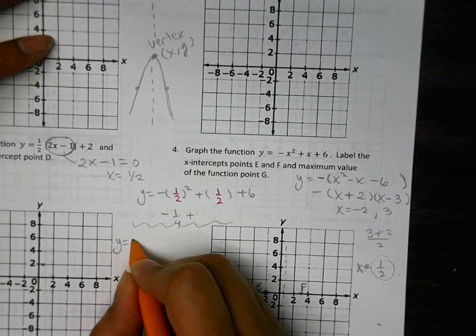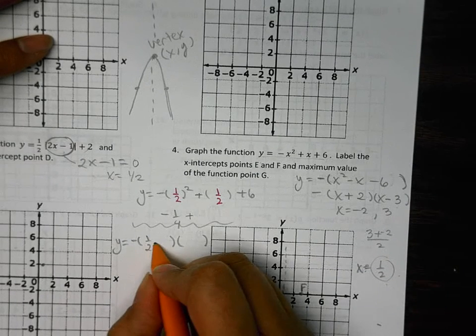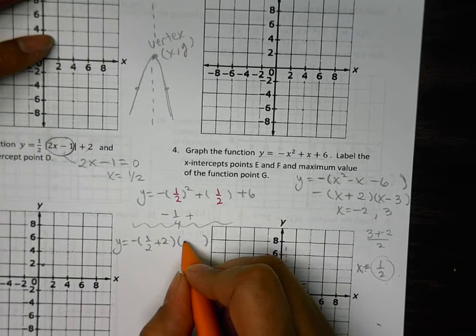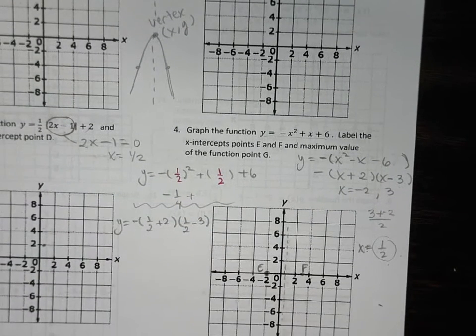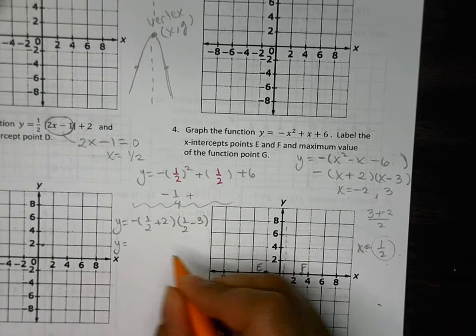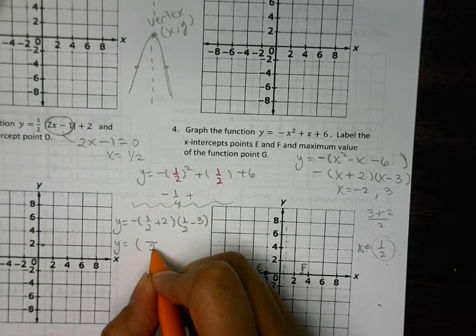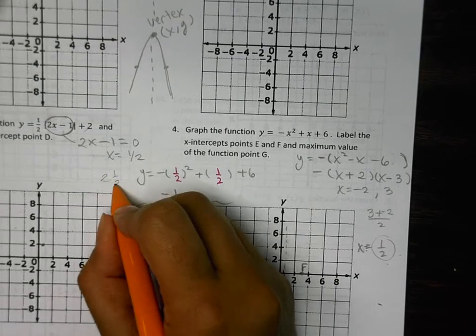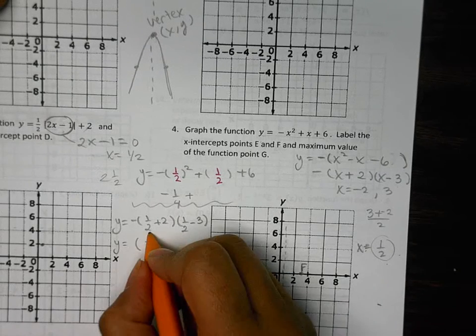Y equals negative parentheses, parentheses, and then 1/2 plus 2 and 1/2 minus 3. What's 1/2 plus 2? 2.5. Can we change that, because we're going to have to multiply later? 2.5 is what when you multiply and add? 5 over 2.